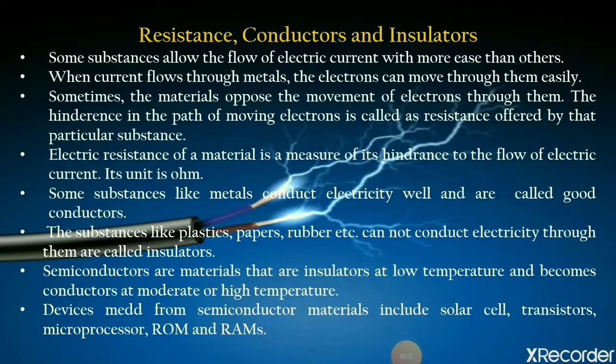Now, the next topics are resistance, conductors, and insulators. About conductors and insulators, we have studied in sixth class also that the materials through which electric current can flow are called conductors, and the materials through which electric current cannot flow are called insulators.